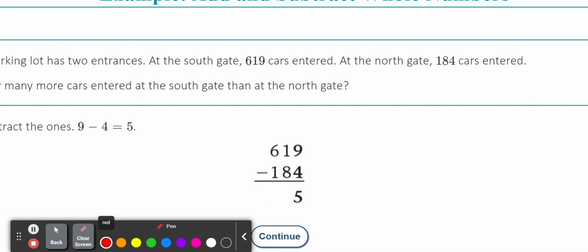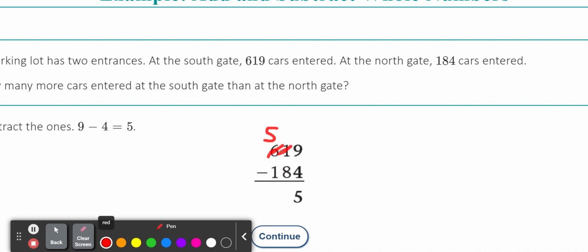Now, obviously 1 is less than 8, so you can't subtract that. What you're going to have to do then is go to the next column and borrow from the other column. So since 1 is less than 8, I come over here to my 6. I'm going to borrow 10 from that 6. So if I take away 10 from that 6, I'm left with 5. Now, what do I do with that 10 that I borrowed?